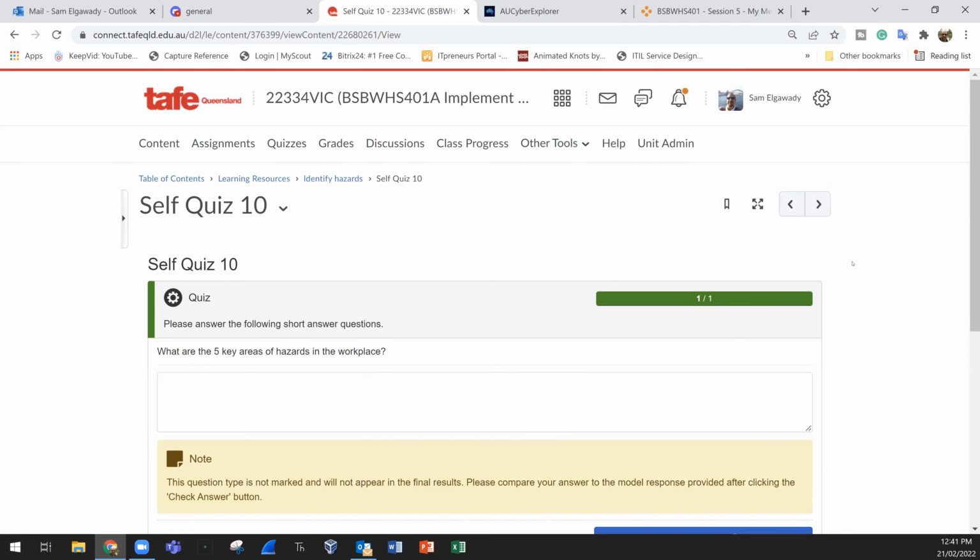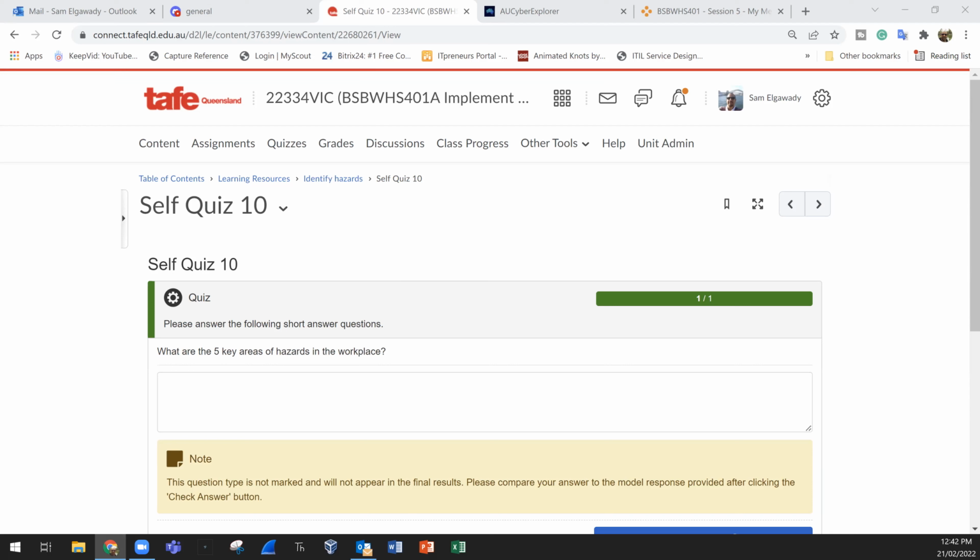Okay. What are the 5 key areas of hazards in the workplace? Anyone can help with that? Okay, biological, chemical, physical, mechanical, and psychological.